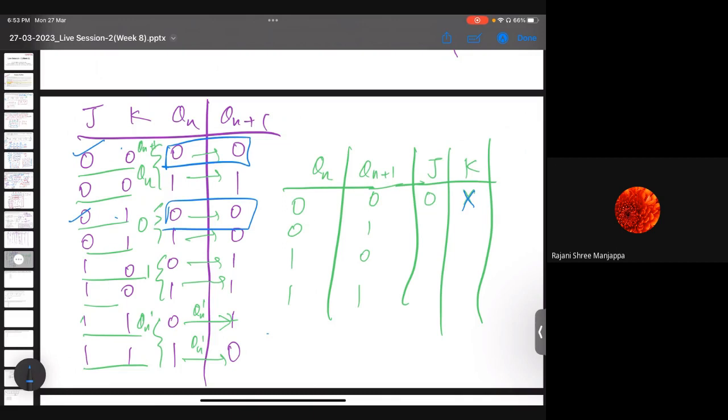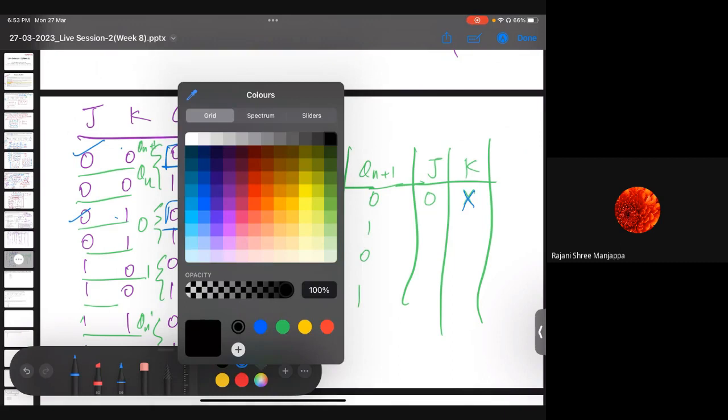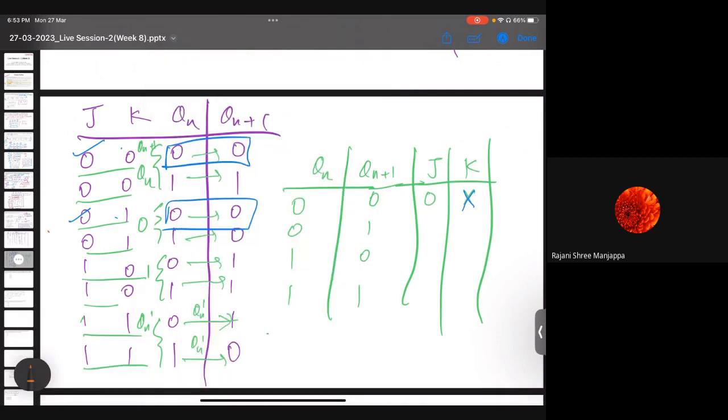So now we are getting 0, 1. Let me try some different thing. Yeah, so now it is 0, 1.